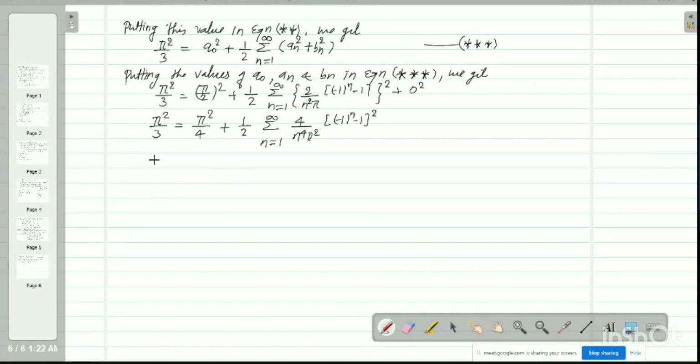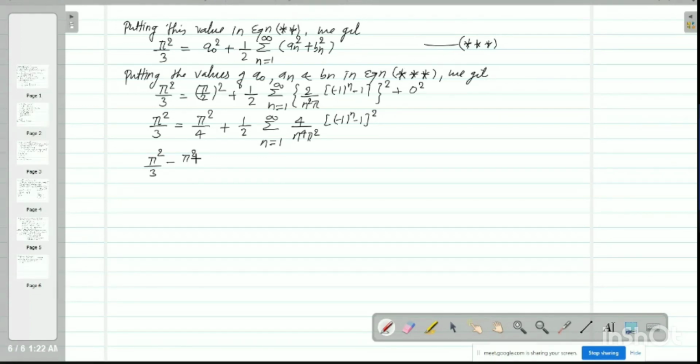Just run this series. We will first simplify this, then run the series. This is pi square by 3, and simplify as we go.